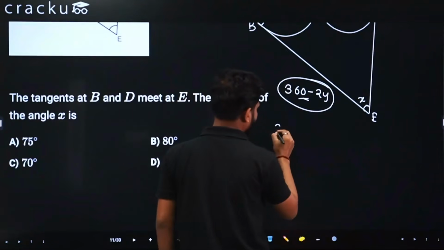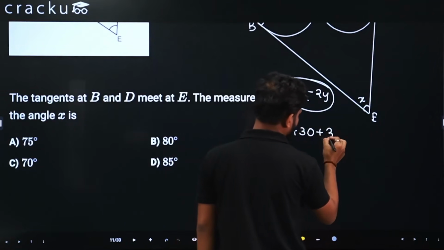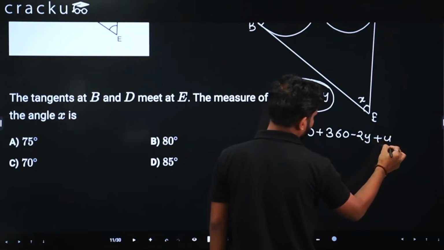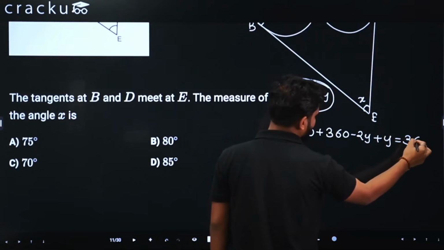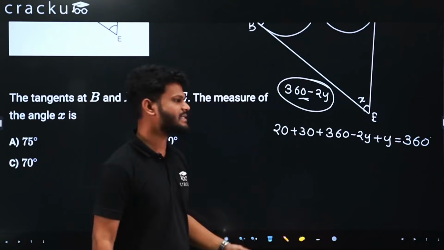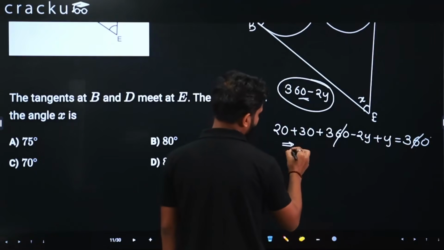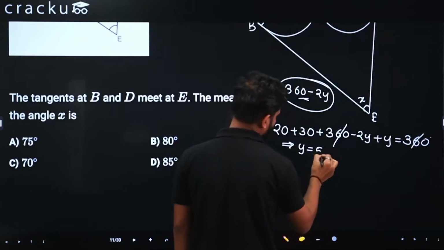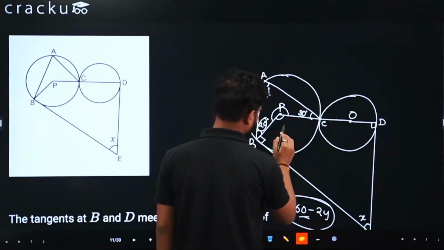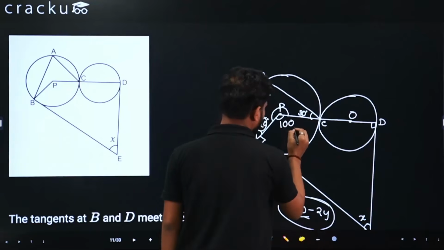Let us say 20 plus 30 plus 360 minus 2y plus y is equal to 360 degree, because sum of all angles of a quadrilateral is 360 degree. So this and this will get cancelled. From here you get y is equal to 50. So you got y is equal to 50. If y is equal to 50, then 2y will be 100. Correct?